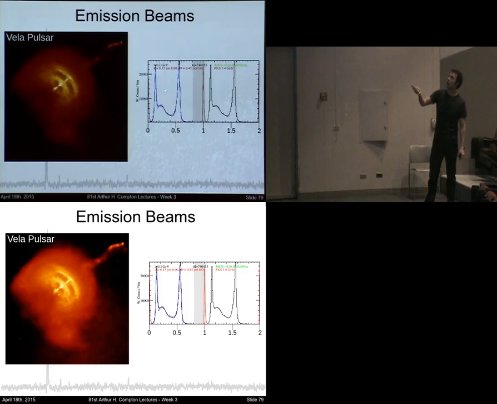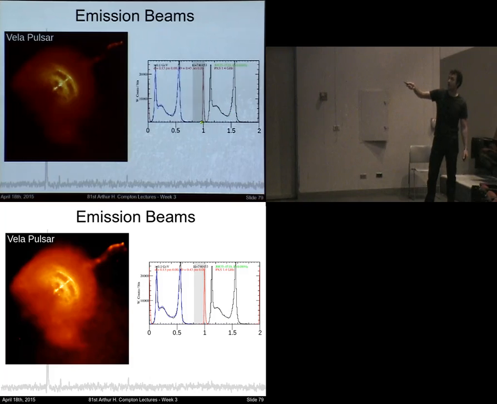So the black here is the gamma ray emission. The gamma ray emission doesn't look like a single pulse. It actually looks like two pulses with what's called a bridge in between. The bridge in Vela has a sort of third fat hump.